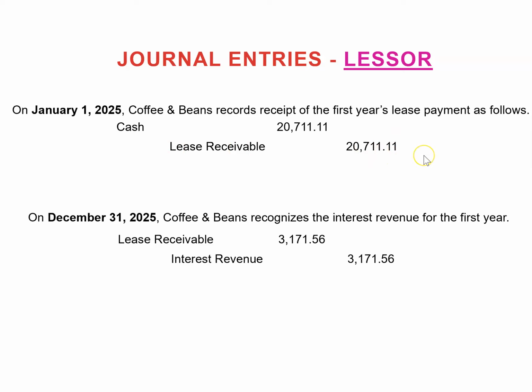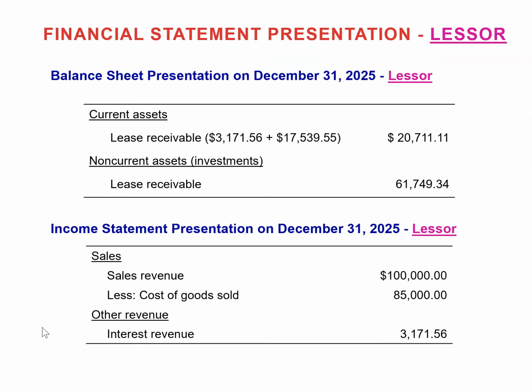Lease receivable will also be reduced. Now you also know that this interest revenue they are earning, so they will record it interest revenue, and this is also included into lease receivables, because they are pretty much giving a loan to lessee financing, and they are getting that interest too, which is a revenue to them.